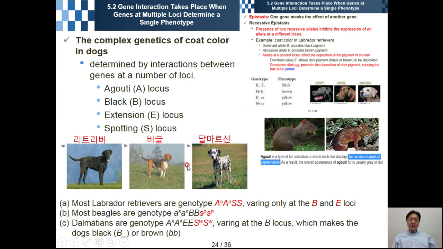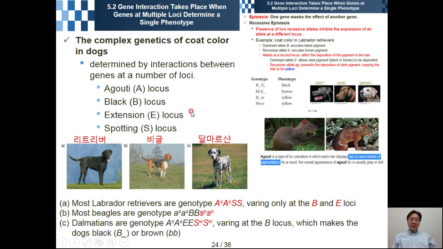And beagles, they don't have agouti, but they have the large BB. Large BB means they have the black color here, but they have some SP. They have a different spotting pattern like this. So we call it SP.